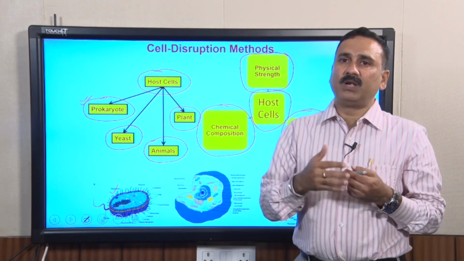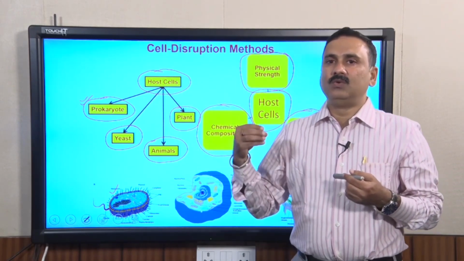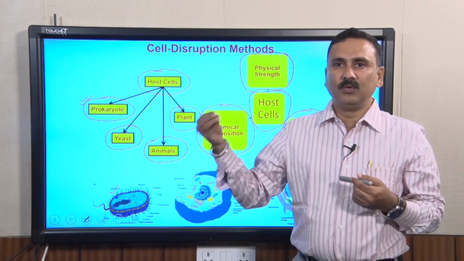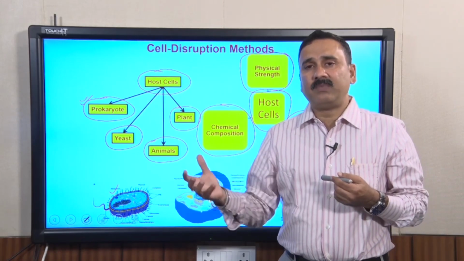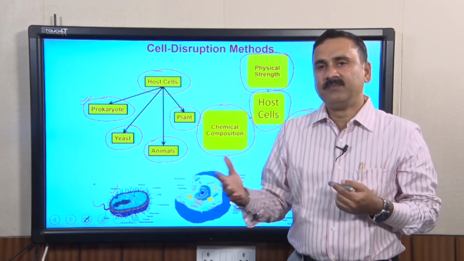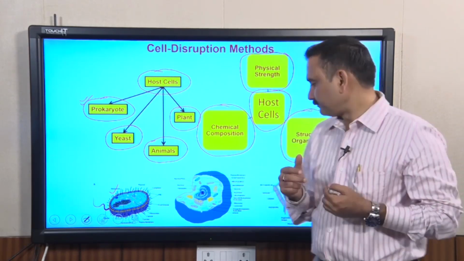You may have to break down particular types of organelles, and then you can get the product at a very high concentration in the supernatant. So, depending on the type of host strain, you also have to devise strategies to disrupt the cell wall or disrupt the cells.